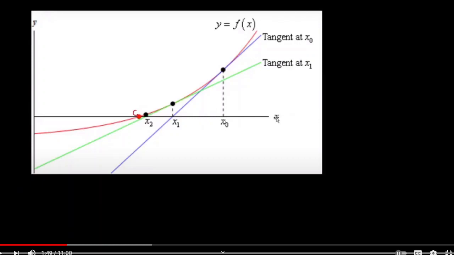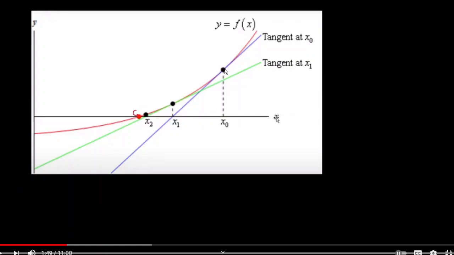Now let's say x0 is the initial estimation, okay? And then we can get the linearization of the function at x0. The graph of the linear function is the tangent line to the curve. Now let's say the curve is the graph of the function f. The root of the linear function in general is simple to compute. We're going to compute that later.